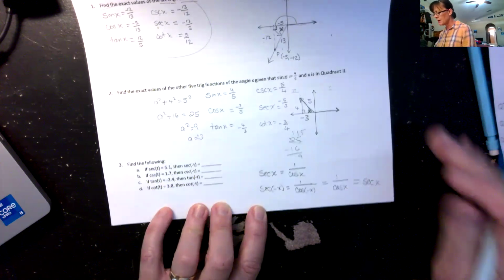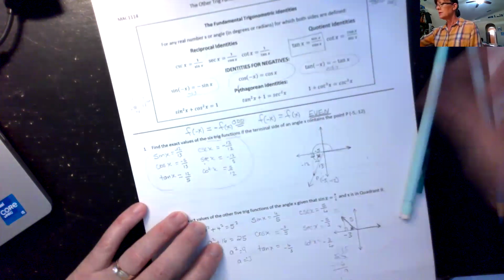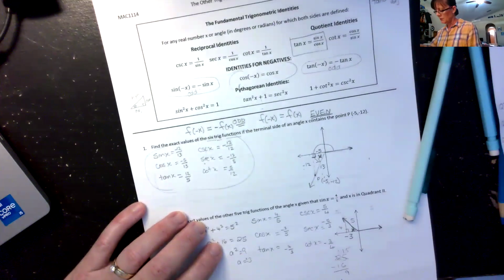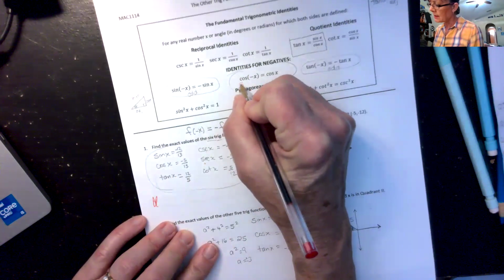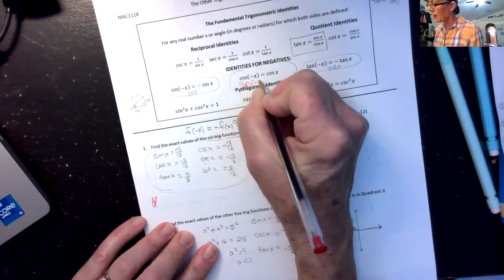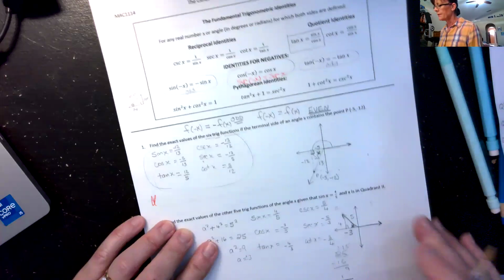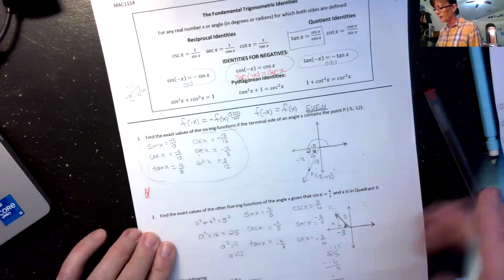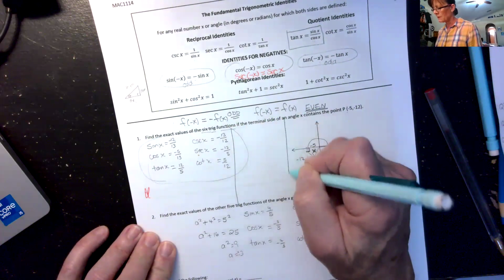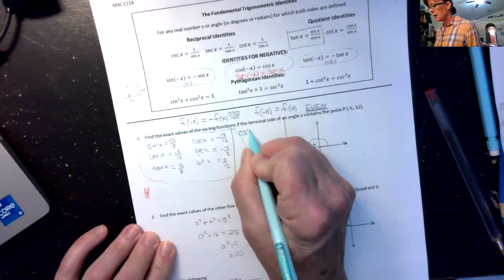So we've just developed another identity, which I'm going to add right under here in a nice bright color: the secant of negative x is equal to the secant of x. Let's go for the cosecant. Let's look at the cosecant of negative x.